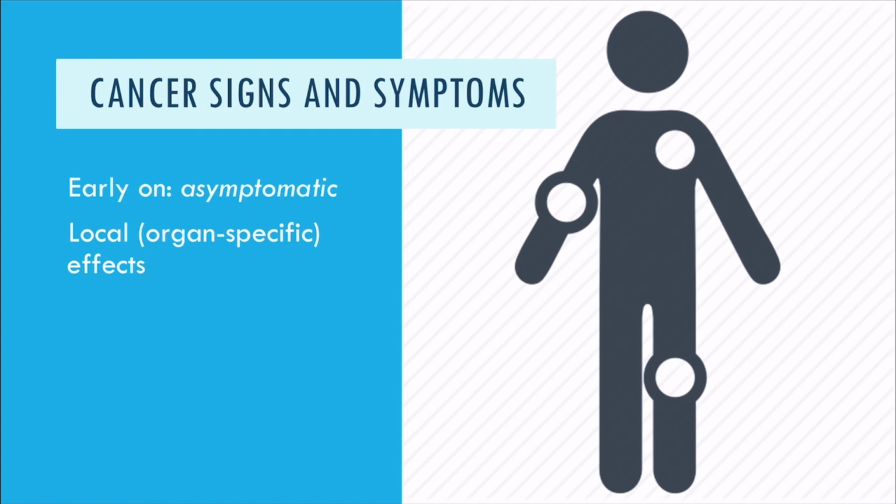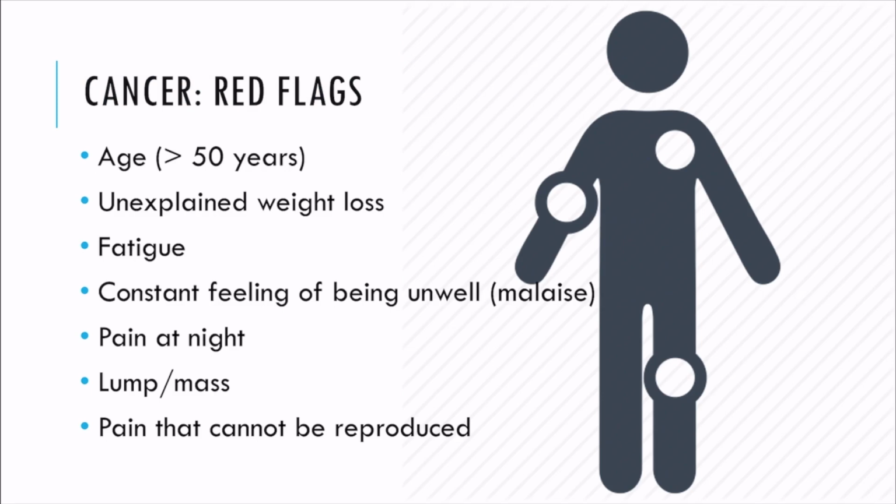But generically, cancer has a set of red flags, and hopefully a lot of these should make sense once you get above the age of 50. And like I said, some experts are arguing to say 40, but 50 is still the textbook cutoff. Unexplained weight loss and fatigue, we mentioned those, that constant feeling of being unwell, malaise. Pain at night is a cancer red flag because most pain of musculoskeletal origin should get better at night.